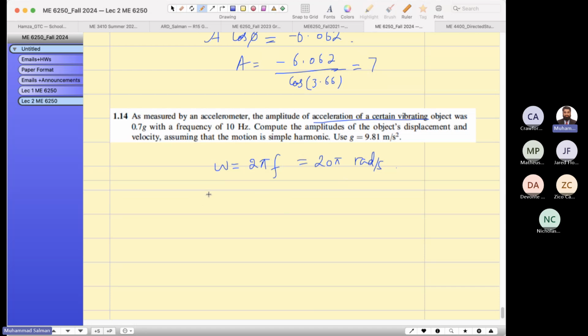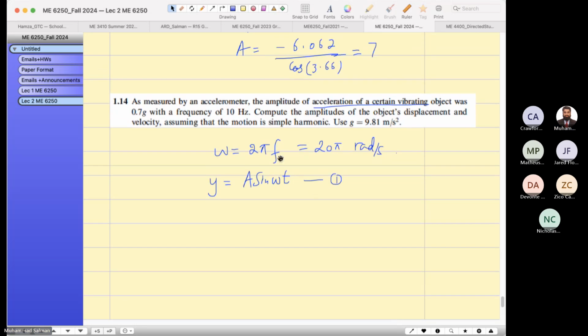Starting from y as the position of a simple harmonic motion, correct? So this is vibrating, and we compute the amplitude of the object displacement and velocity using simple harmonic motion. Okay, now g is given.